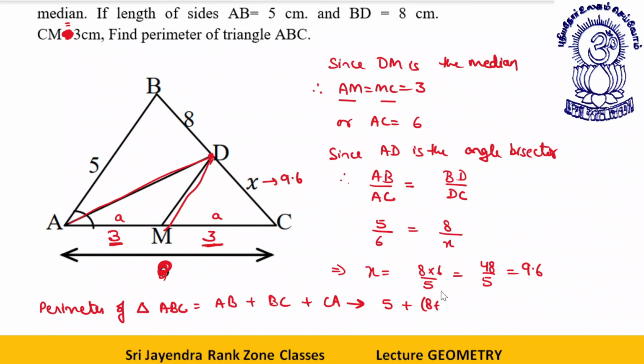BC is what? 8 plus X. CA is 3 plus 3 or 6. So X is 9.6. I should write it a bit spaciously. 8 plus 9.6 plus 6, that is 11 plus 9.6, 20.6 plus 8, 28.6 centimeter is your answer. And I'm sure, dear student, this must be clear to all of you. Okay, let's proceed towards the next question.